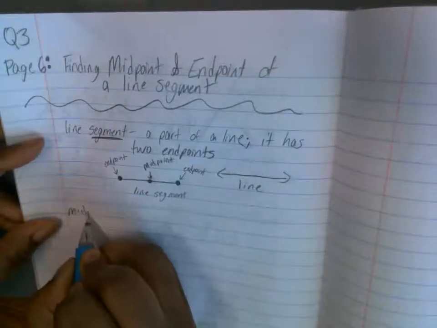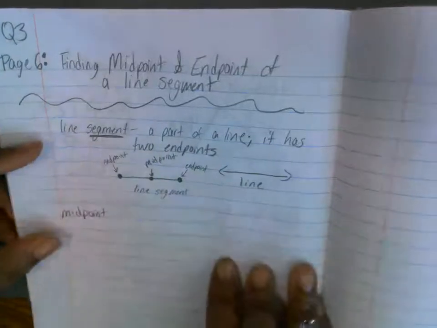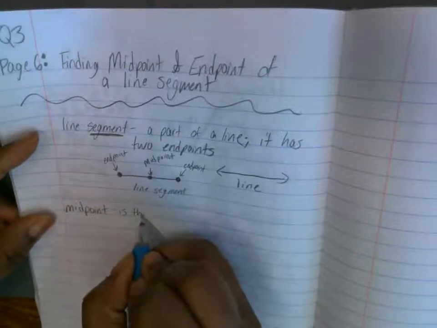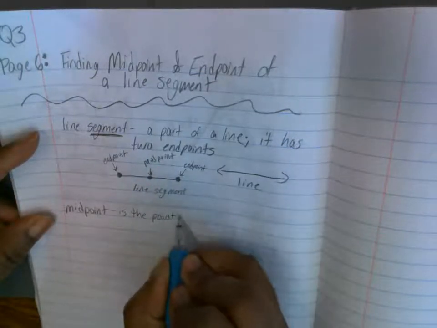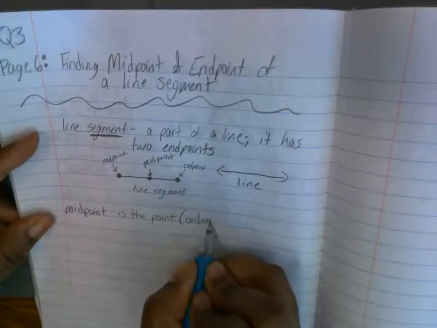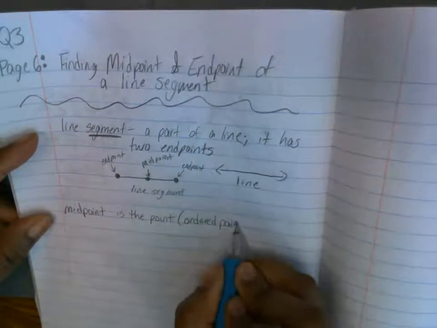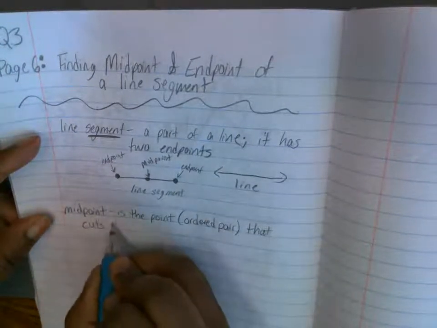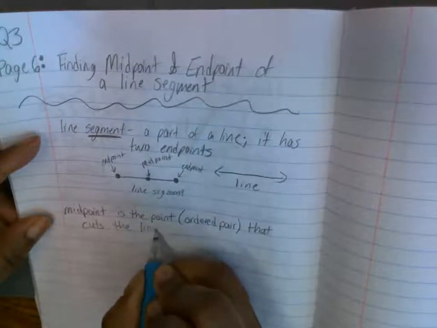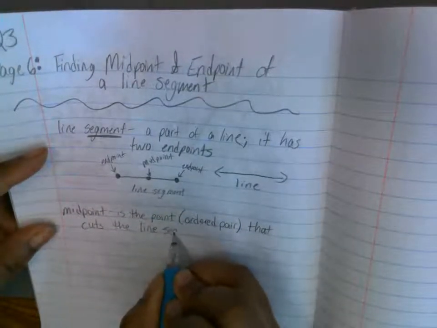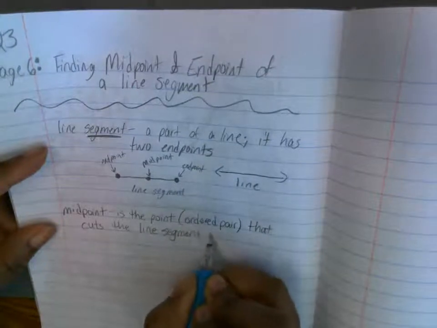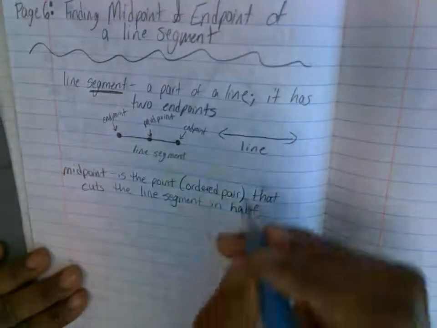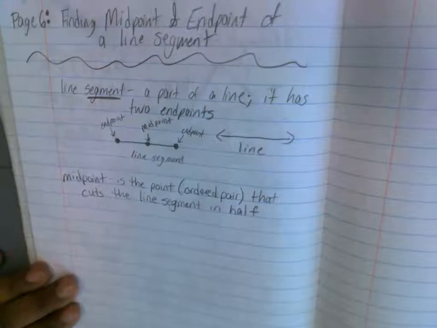Your midpoint is the ordered pair that cuts a line segment in half. I'll pause for the calls.